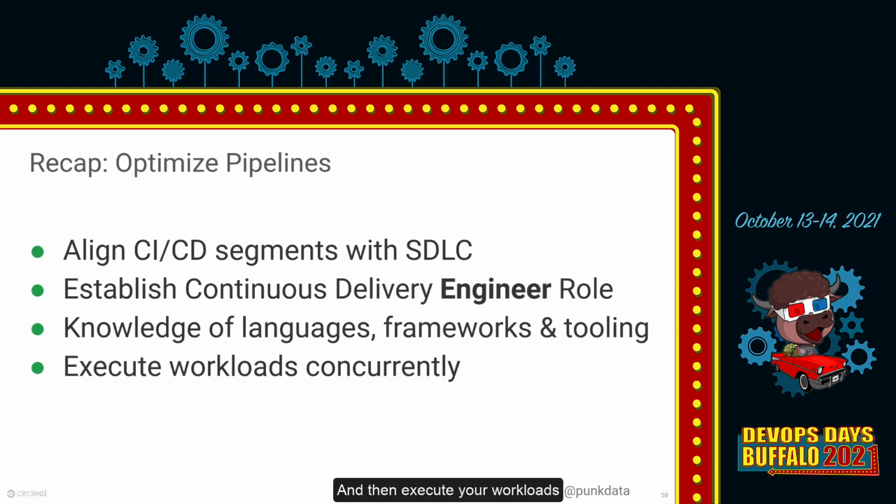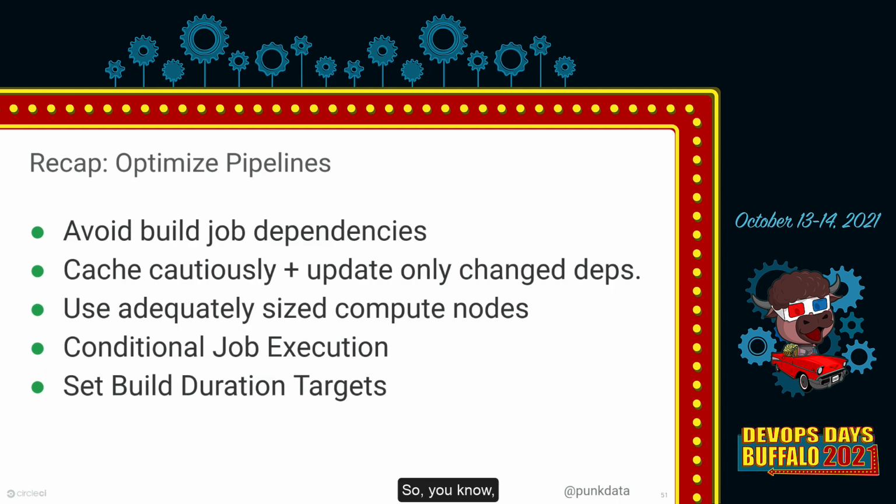Then execute your workloads concurrently wherever possible. Some things will have dependencies, but if they don't need to be executed in sequence, eliminate those dependencies and execute things in parallel so that it moves a lot faster for your teams and your processes. Here's some more on the optimization of pipelines. Avoid build job dependencies. These are some of the technical bits I was talking about earlier, but you want to cache cautiously.